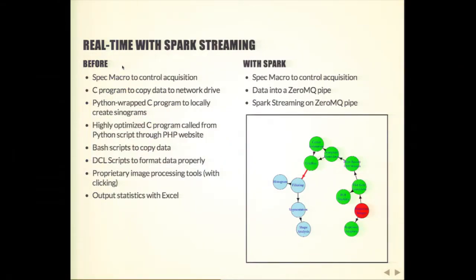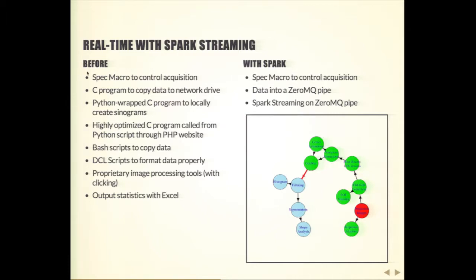So in terms of real time with Spark streaming, before, as is very common with scientific approaches, there are many different tools involved that are hacked together to get something to work.